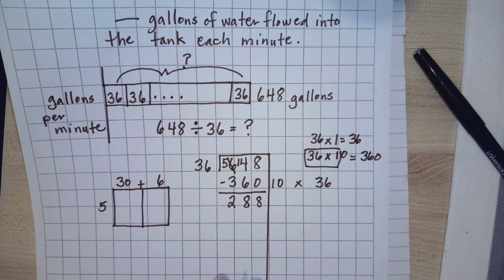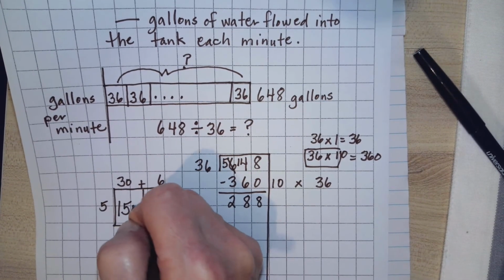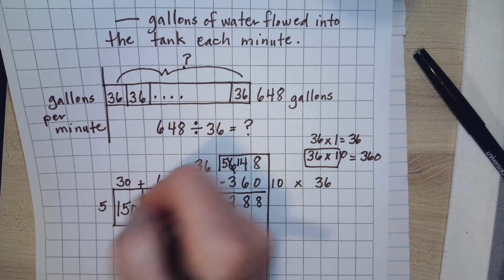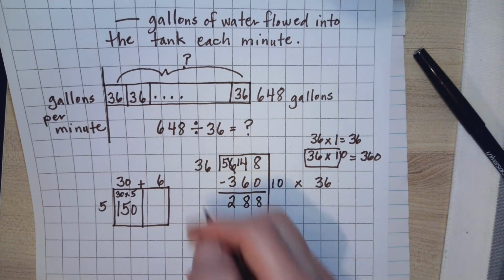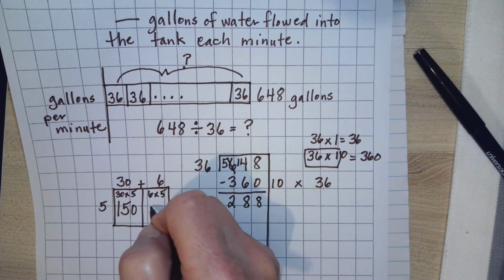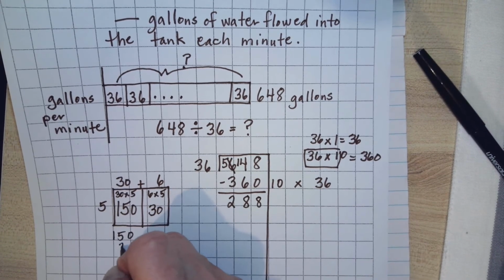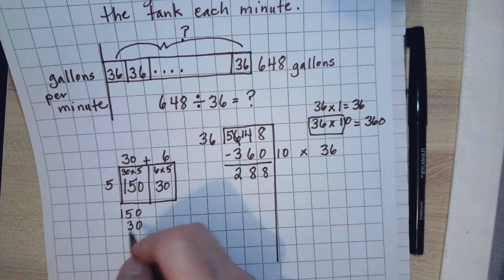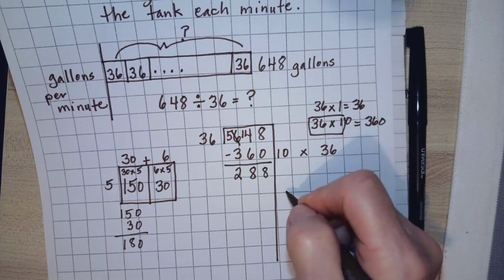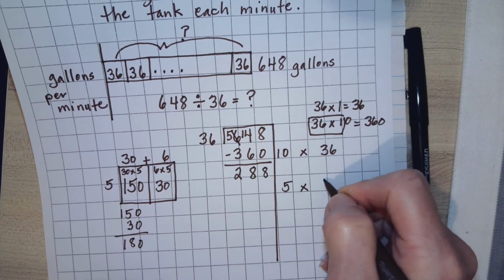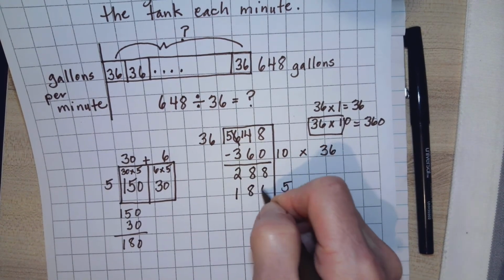I have 30 times 5. 3 times 5 is 15, and I add a 0. 6 times 5 would give me 30. If I add up my 150 and my 30, I'd get 180. That would work. So I'm going to put 5 times 36, and that was 180.